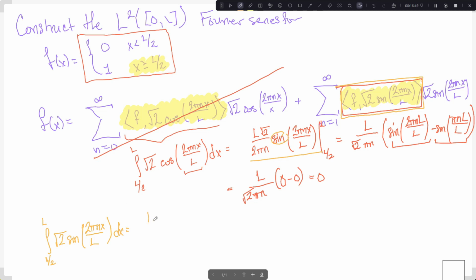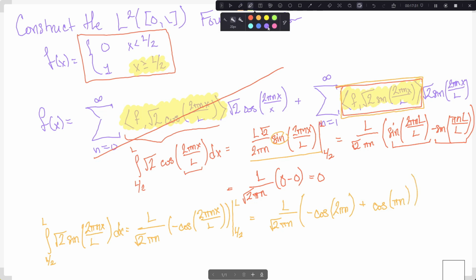So now I'll have L over root 2 pi n negative cosine 2 pi n x over L, evaluated at my bounds. And this is going to give me L over root 2 pi n negative cosine 2 pi n plus, because it's minus minus cosine, cosine pi n.